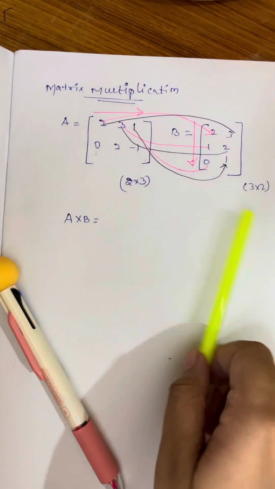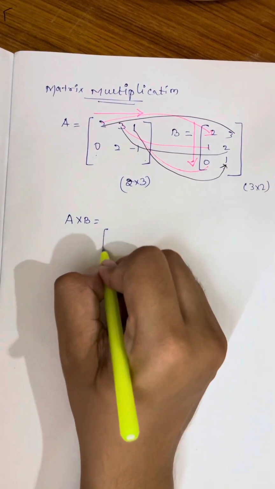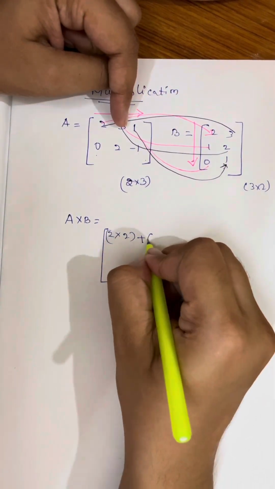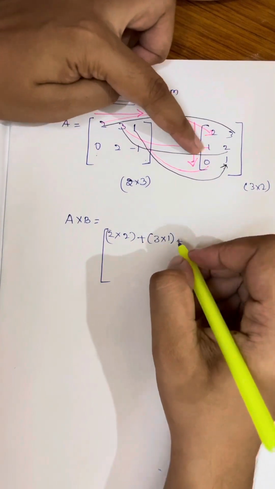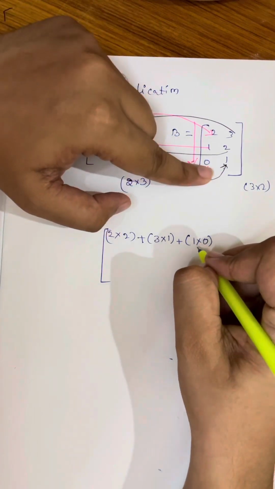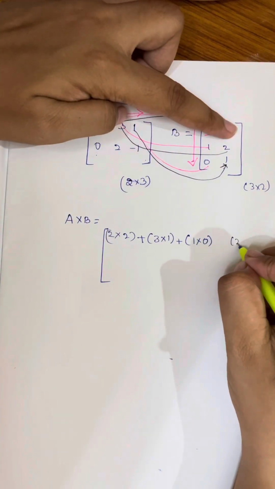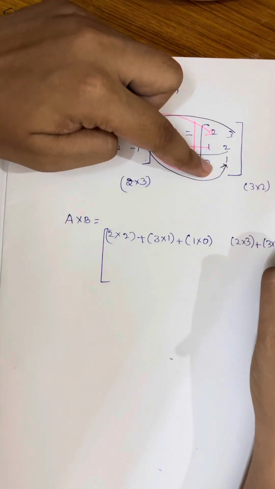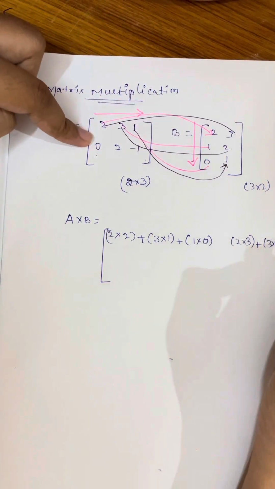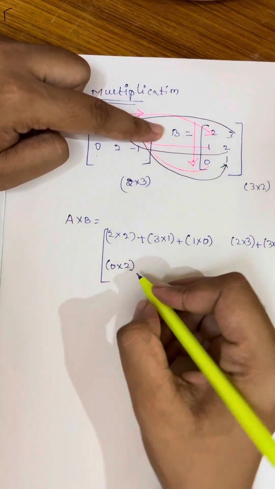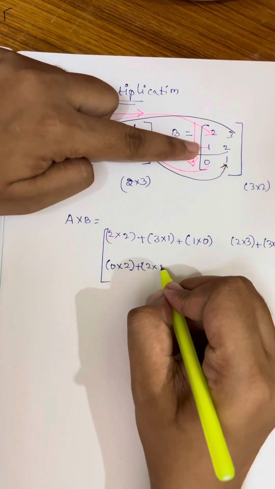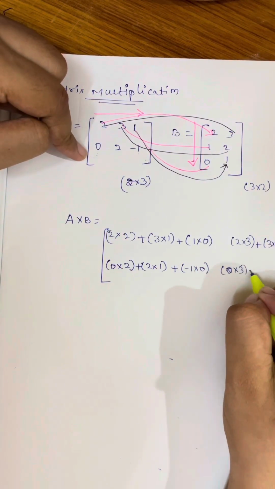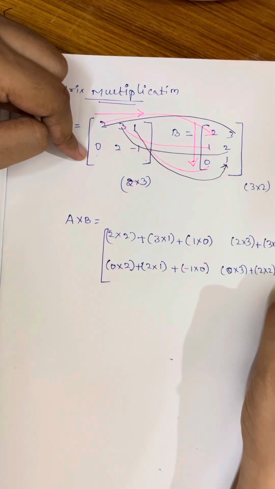So 2 cross 2 plus 3 cross 1 plus 1 cross 0, then 2 cross 3, 3 cross 2, 1 cross 1, then 0 cross 2 plus 2 cross 1 plus minus 1 cross 0, then 0 cross 3 plus 2 cross 2 minus 1 cross 1.